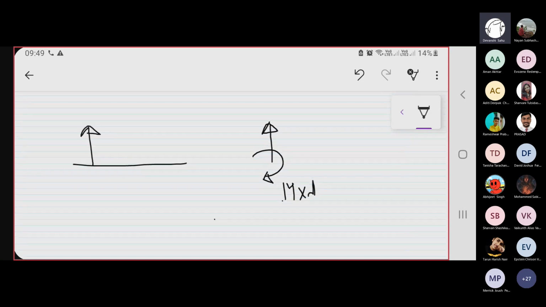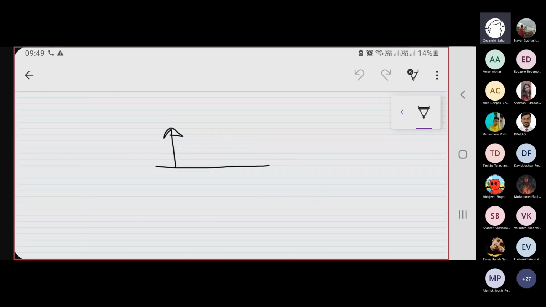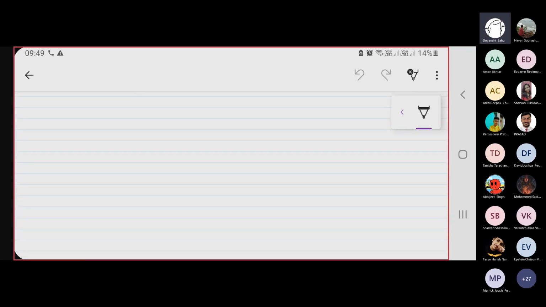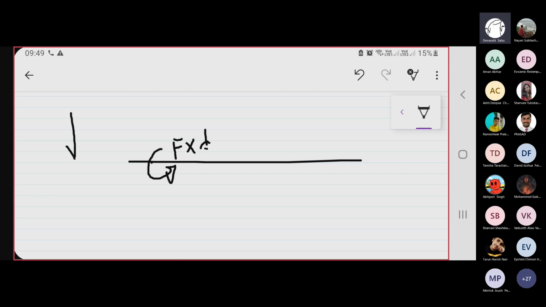So we can convert a moment into a force also. F into D. So it is in which direction? Clockwise direction. So the force should be on which side? This side. From how much distance?